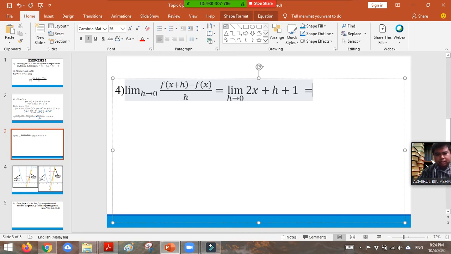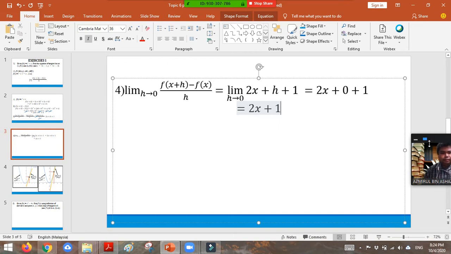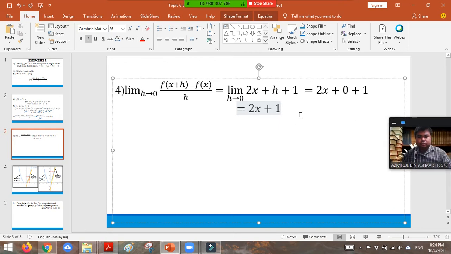So you can assume that it becomes 2x plus 0, which is h becomes 0, and then plus 1. So at the end it becomes 2x plus 1. Okay.